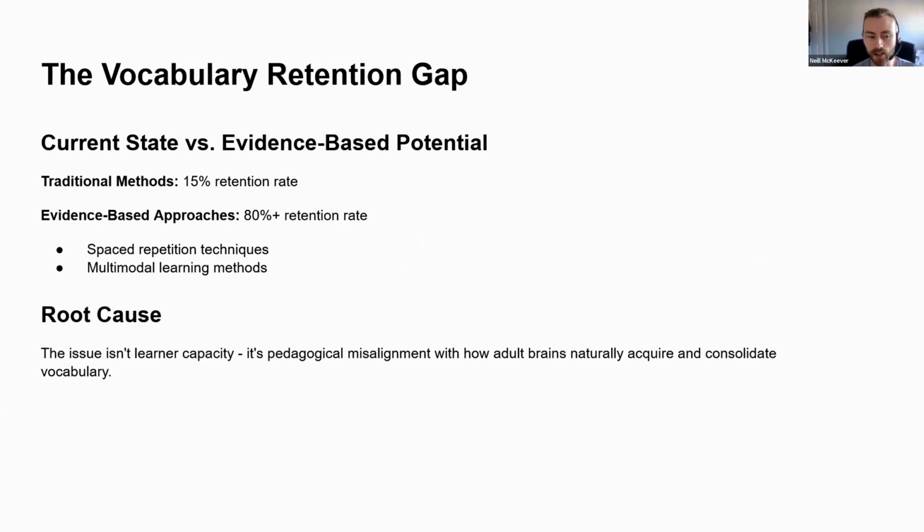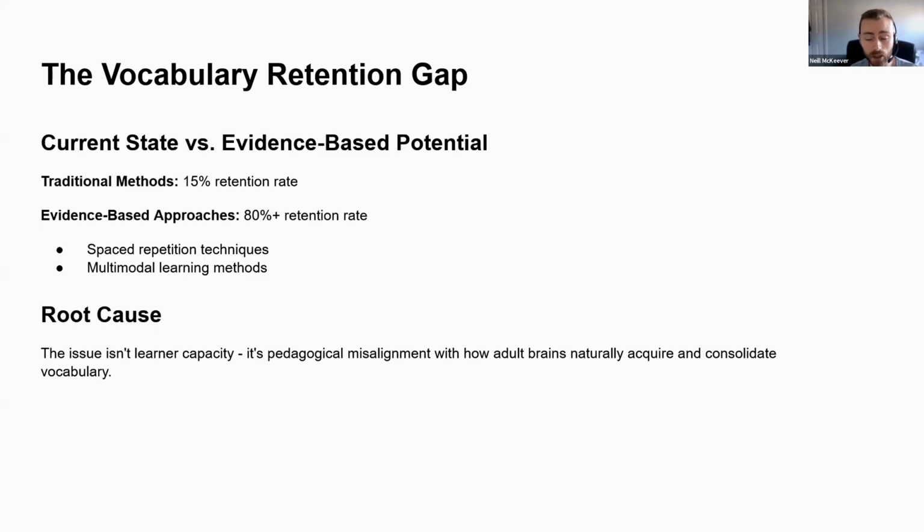But using evidence-based approaches, which I will talk about later, things like spaced repetition and multimodal techniques, that can improve the retention rate up to 80% or more, which is a significant difference.